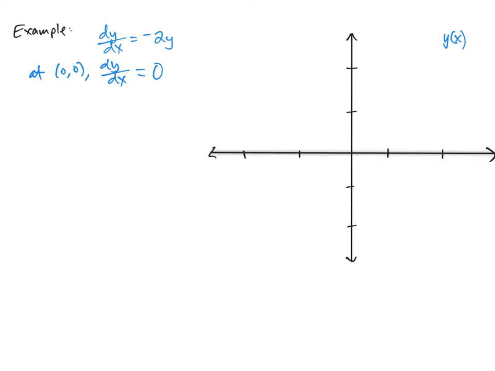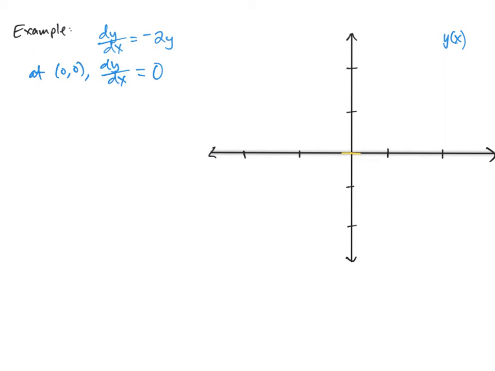And if the slope of the function is 0, then that means that a tangent line to the curve would just be horizontal. And so I'll use yellow. At the point 0, 0, right at the origin, the direction of the curve would be horizontal.